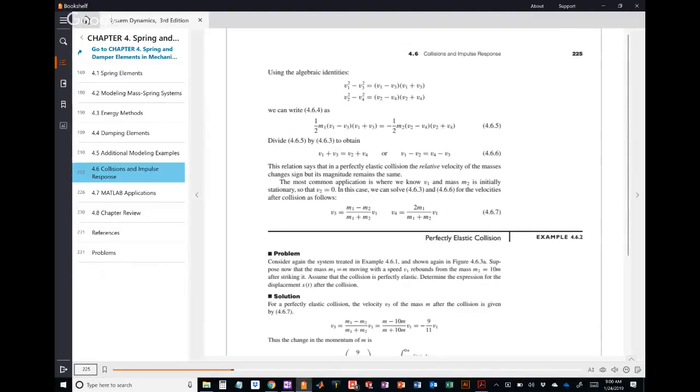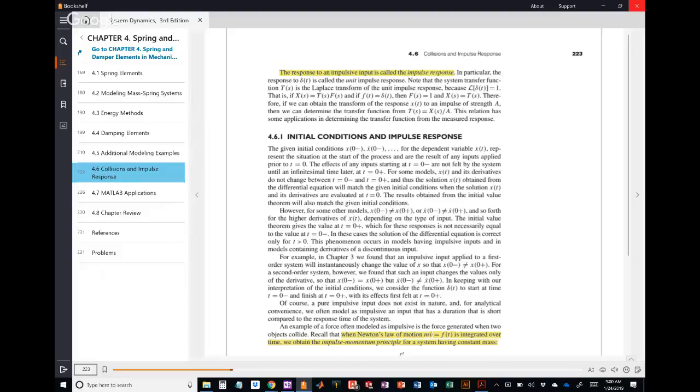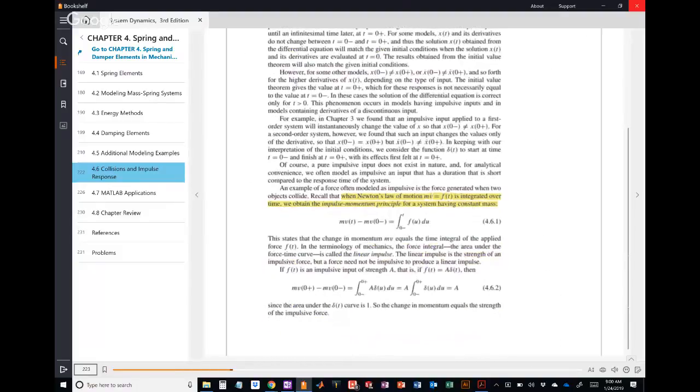Something hits and it sticks. Something hits and it's perfectly elastic, and that'll be okay. These are good examples here, inelastic and elastic collisions, but we've covered those. So you can expect something, not this 0 plus 0 minus stuff with collisions, but you can expect a little bit on collisions here for this exam as well.